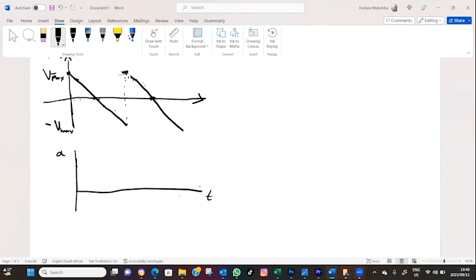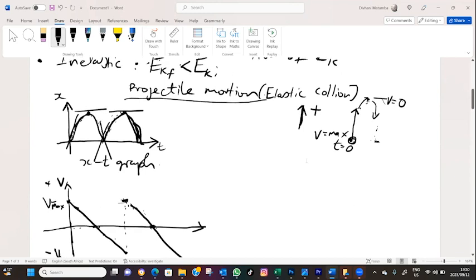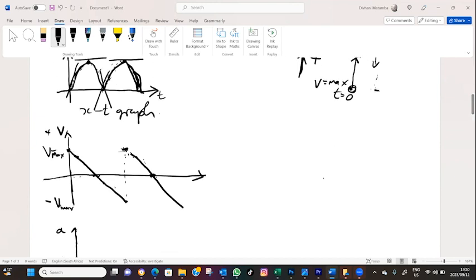Acceleration time. Now, the slope of the velocity time graph at that point, as you can see, is actually constant. However, we have chosen upwards as positive. Something that you're going to notice is that the slope from here to there is actually negative. This is a decreasing slope.